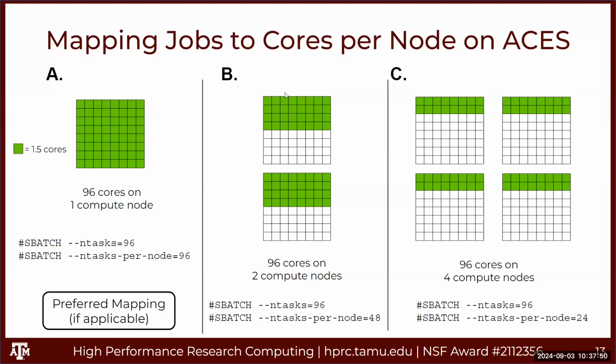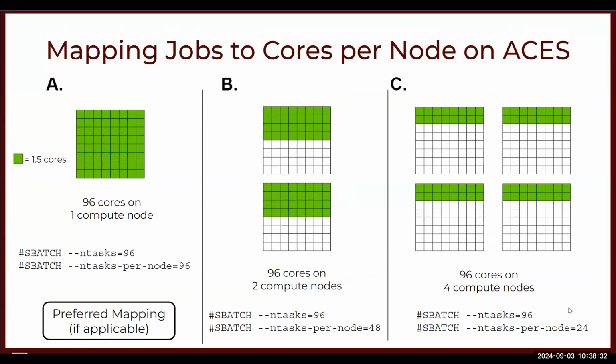You can also split your number of tasks into multiple nodes by this. So now with two nodes, each node will have 48 tasks. And example C is how you can map your tasks into 4 nodes. So it should be 24.